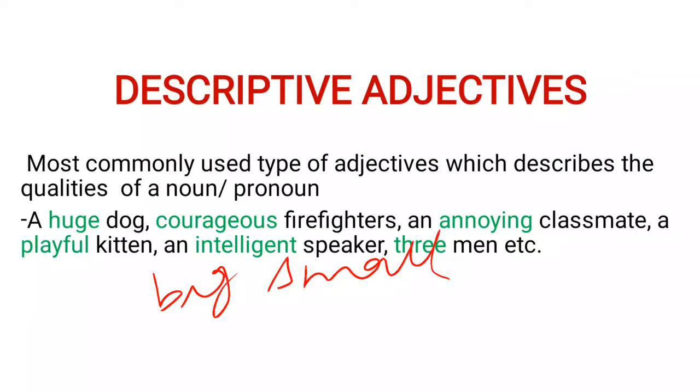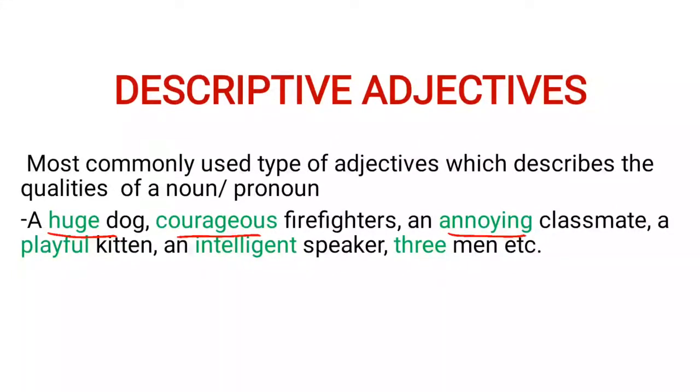Or you can say we use adjectives to describe a person, place, animal, thing, event, etc. As you can see here, a huge dog, courageous firefighters, annoying classmate, playful kitten, intelligent speaker, 3 men. Here, we are using adjectives huge, courageous, annoying, playful, intelligent and 3 to describe our nouns dog, firefighters, classmate, kitten, speaker and men.